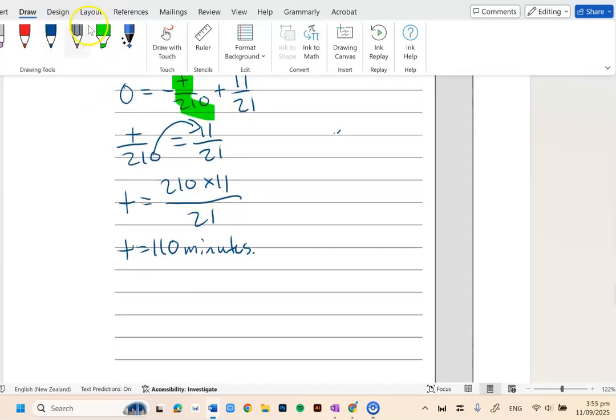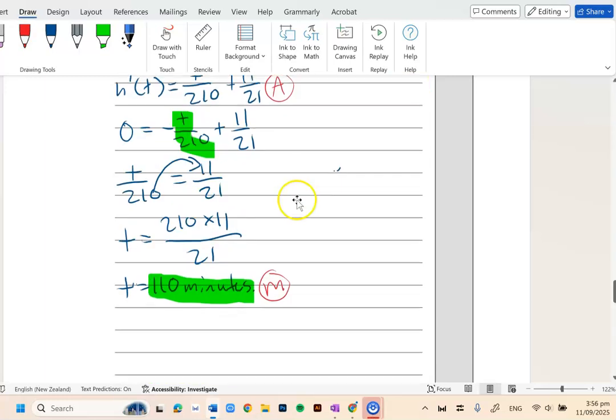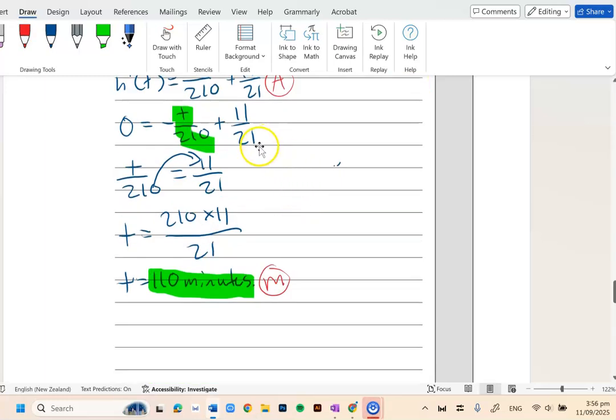If you get 110 minutes, you will be awarded with a merit. Achieved is differentiated to find gradient. So achieved is literally, I don't even think you have to make it equal to 0. Probably do. So this is probably achieved. Alright. Next question.